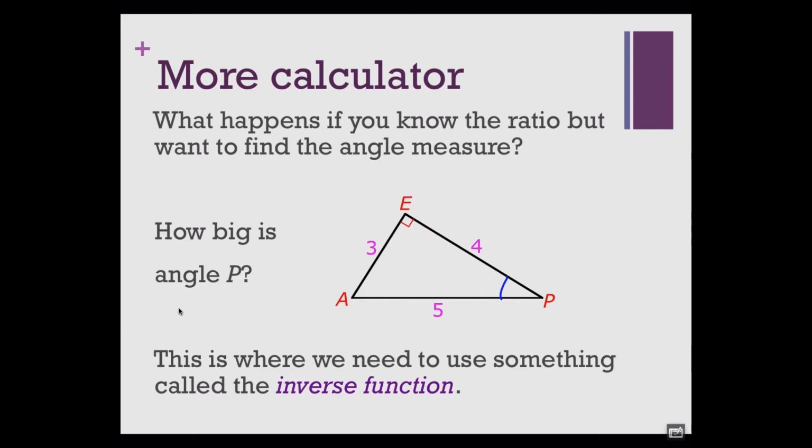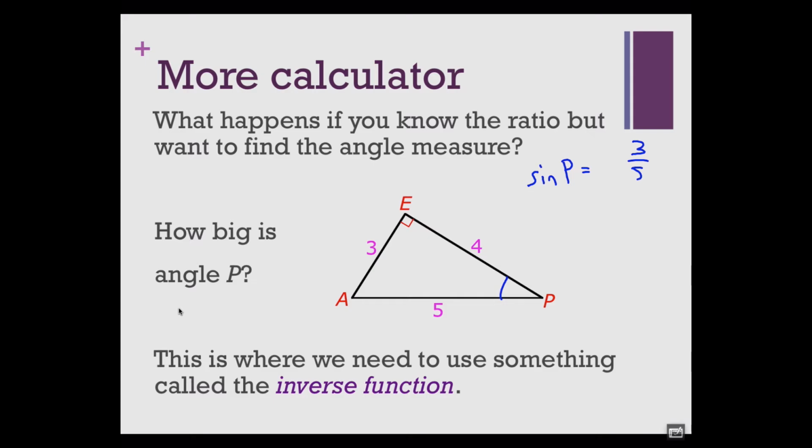Okay. So the sine of angle P is equal to what, Brian? 3 over? 4. No. 5. Opposite over hypotenuse. There's a reason why I left that gap there. You'll see why in a second.